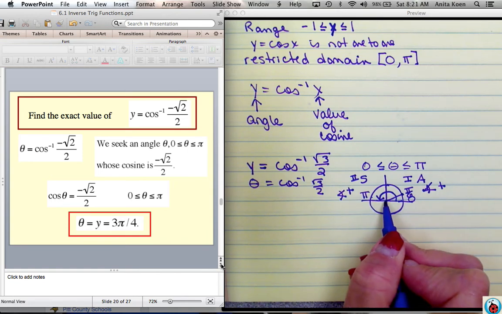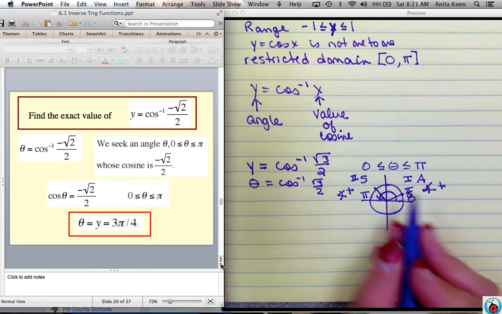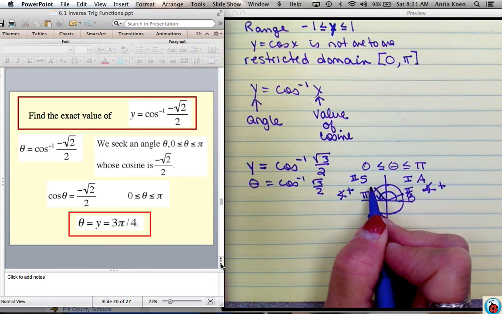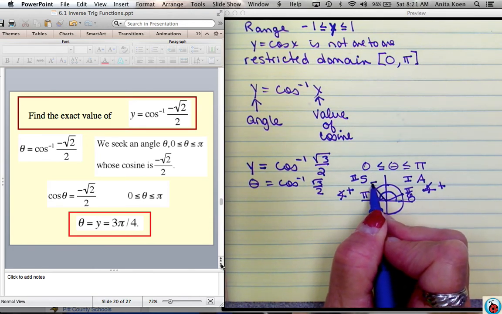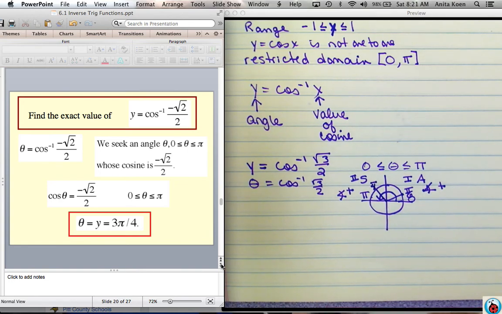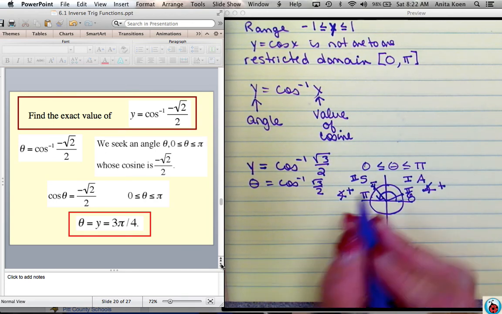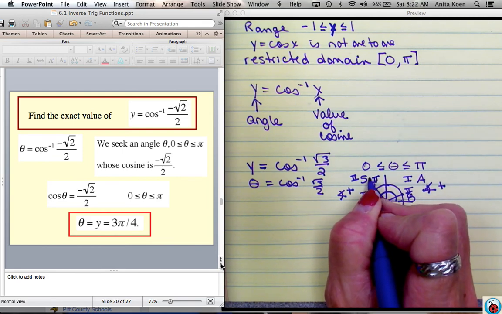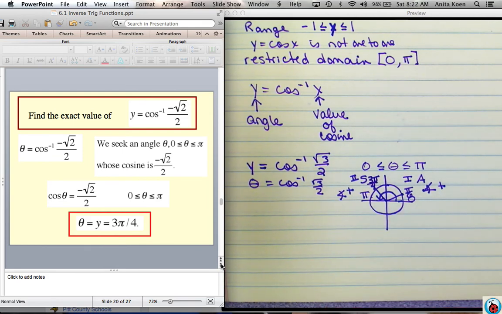The cosine is the square root of 2 over 2, and so that tells me from my unit circle that I have to have a denominator of 4, because the denominators of 4 are the ones that have square root of 2 over 2 as a cosine. And I know in quadrant 2, the top number is 1 less than the bottom number, so that tells me 3 pi over 4 is my angle whose cosine is negative square root of 2 over 2.